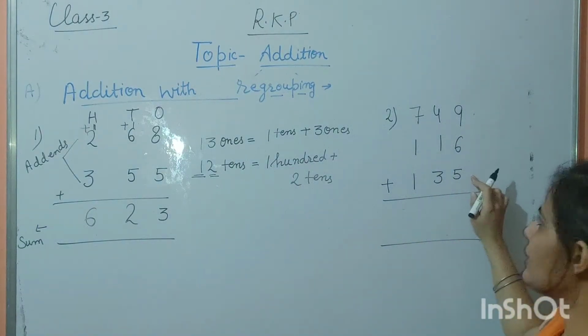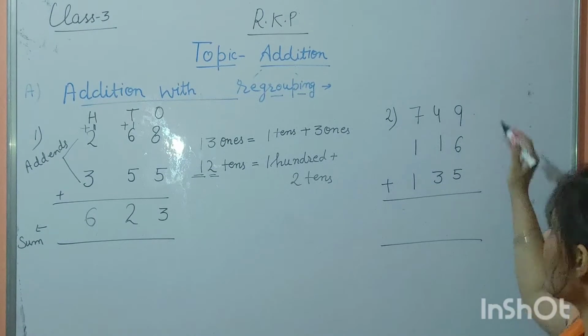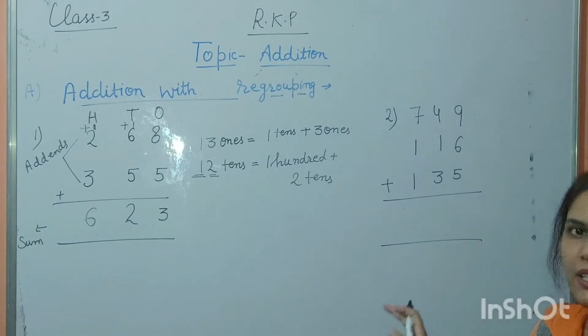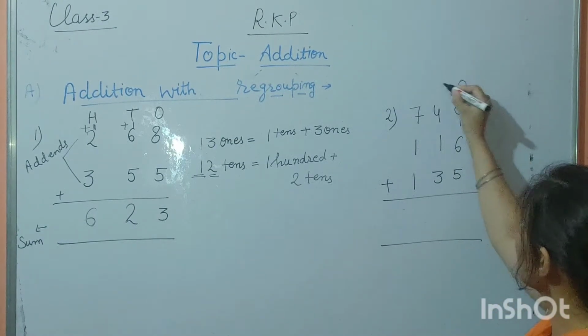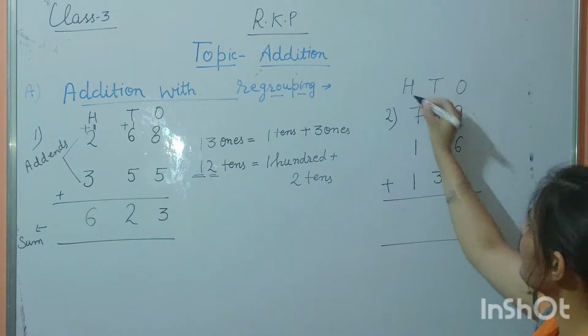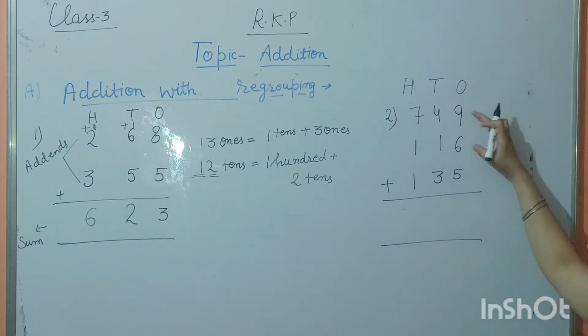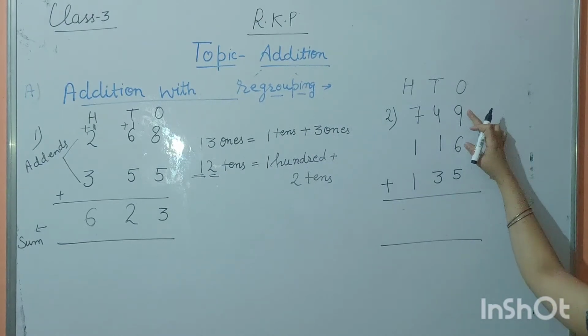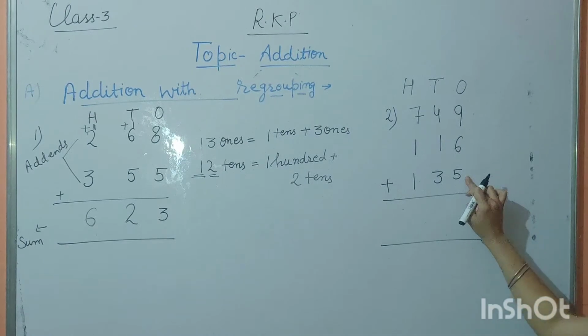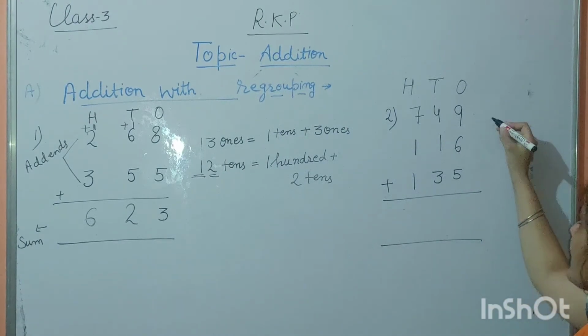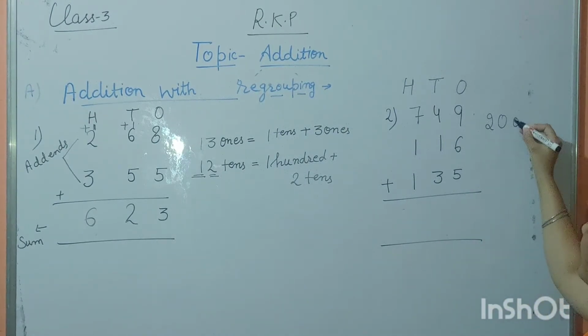Now come to the second question. You are given 3-digit numbers and first of all place them in the place value chart: ones, tens, hundreds. Start addition from the ones place. First add the first two numbers. 9 plus 6, 15 and 15 plus 5, 20. This is 20 ones.